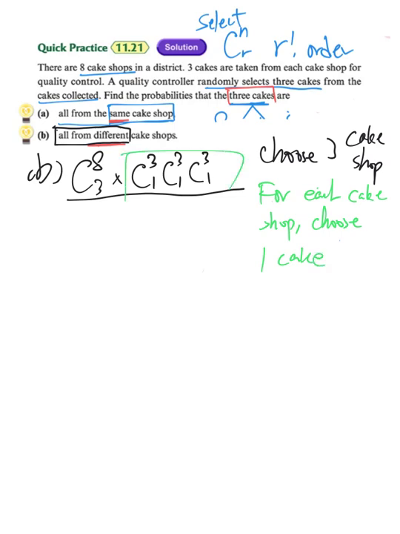So that is the meaning of this 3C1, 3C1, 3C1, and this 3 is talking about the 3 cake shops. And also that is the numerator, and the denominator is 24C3 without any restriction. So that is the answer.